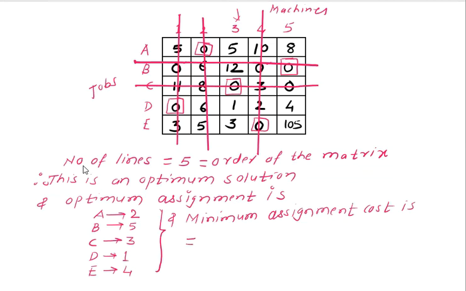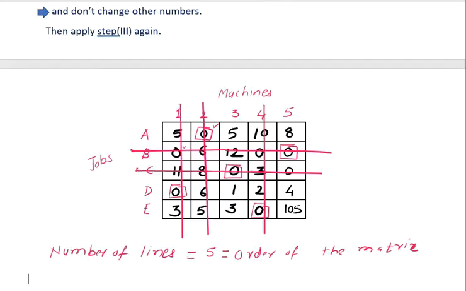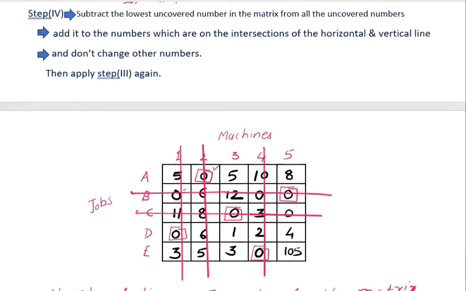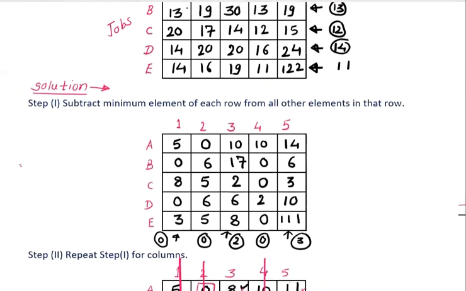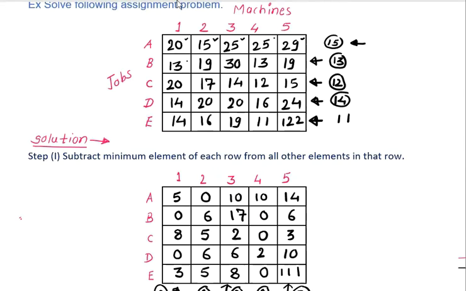What is the cost of performing job A on machine 2? It is C12 in the given cost matrix. What is C12 in the given cost matrix? C12 is 15.